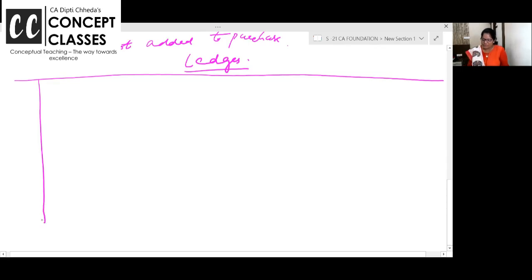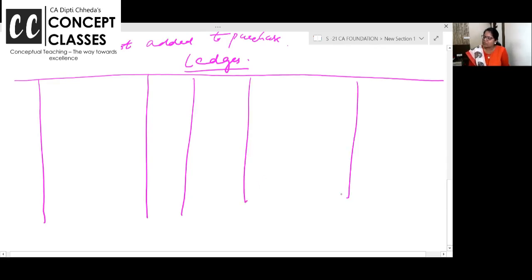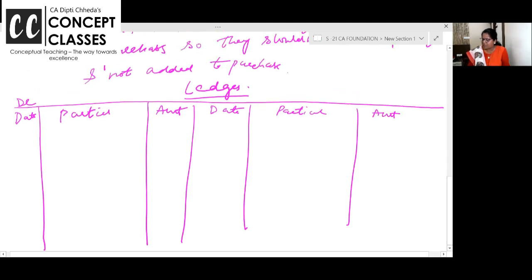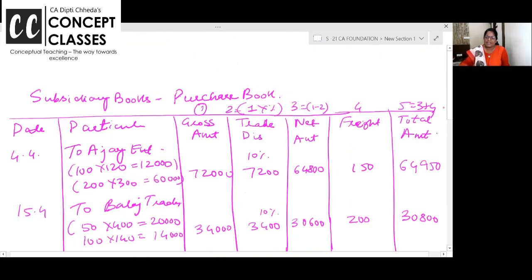Actually, you have to make one after another, but it's okay. For now you can make them together. Date, particulars, amount, date, particulars, amount. You can make it in the exam also, one below the other, but scaling you can do together.